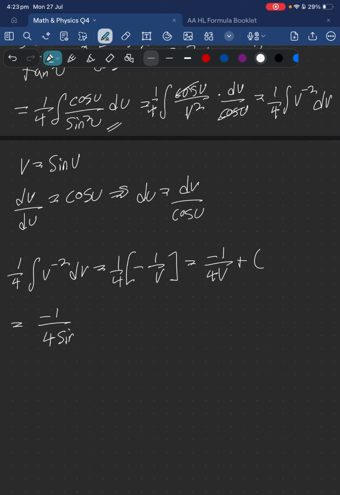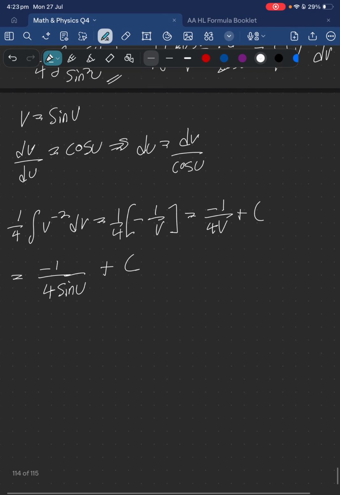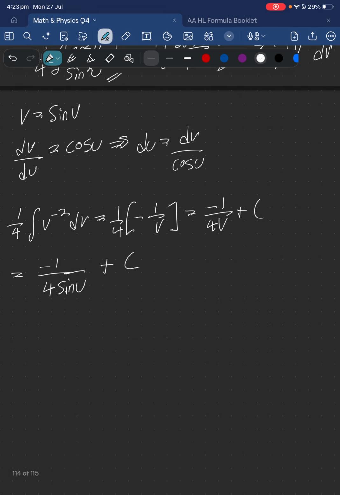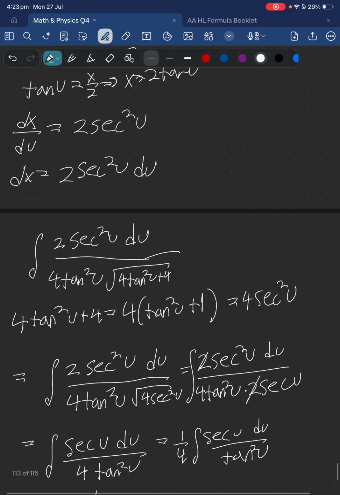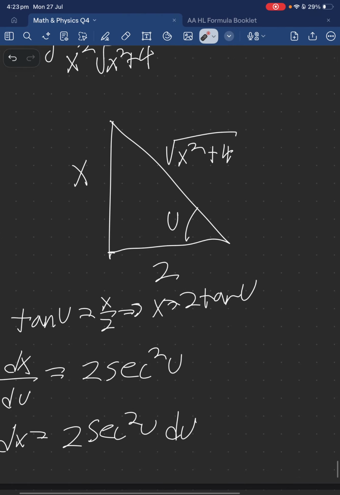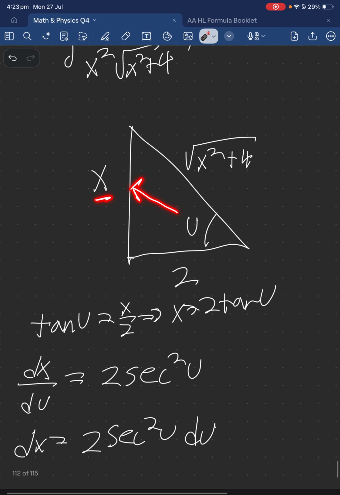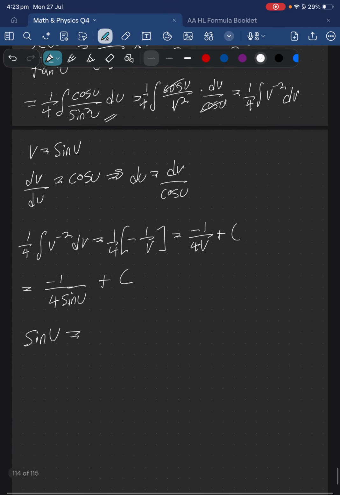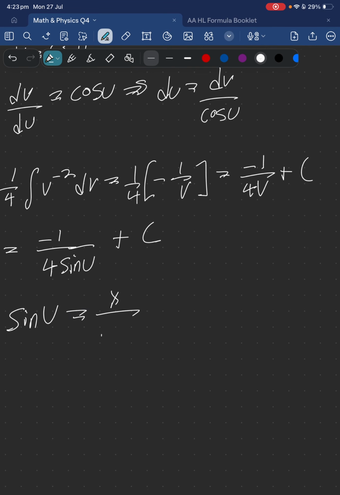And we are almost done, because we know that sine u, if we go up to the triangle, is equal to our opposite, which is x, over our hypotenuse, which is root x squared plus 4. So that is x over root x squared plus 4.